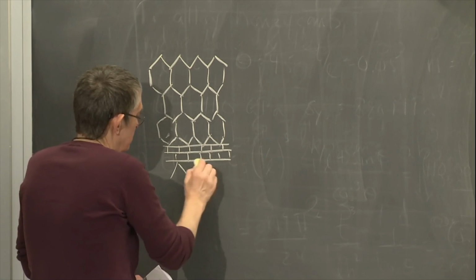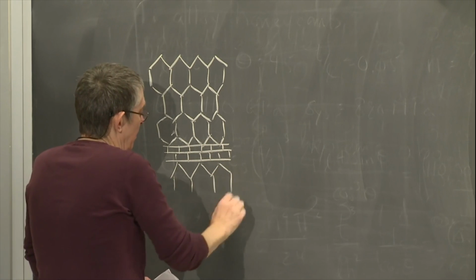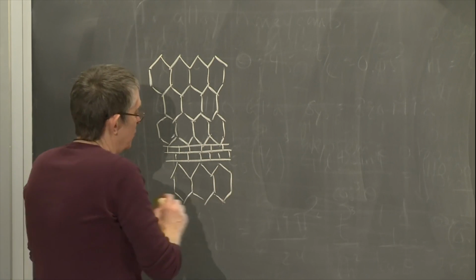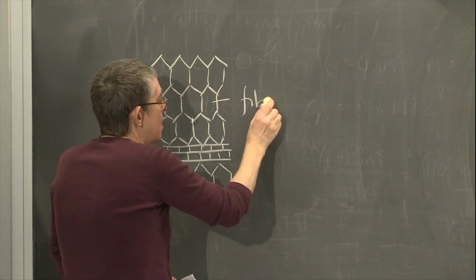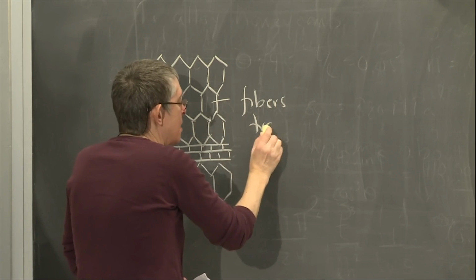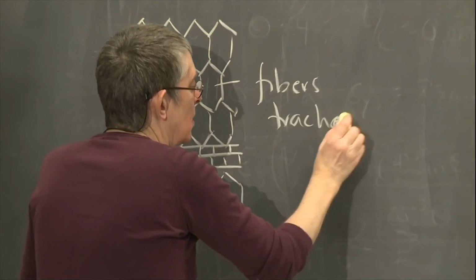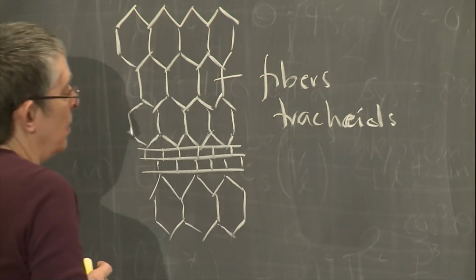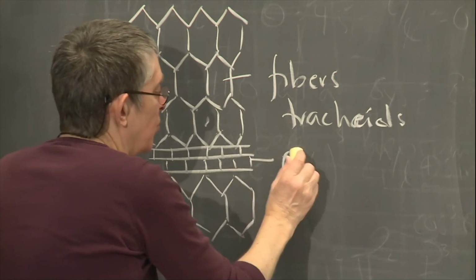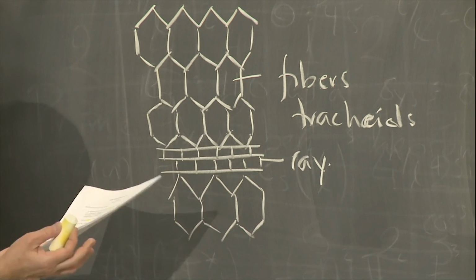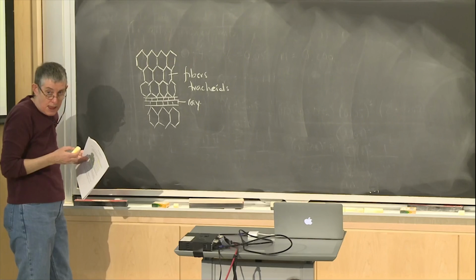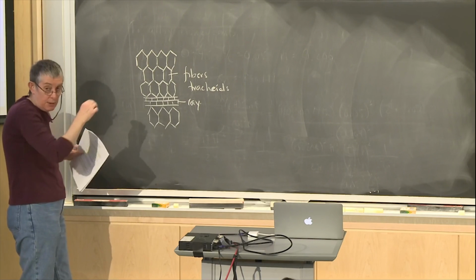And then there would be some more fibers or tracheids, depending on if it was a softwood or a hardwood. So these would be either fibers or tracheids in a hardwood or a softwood, and then these would be the ray cells in here. Okay, so they have a different structure. They're a different shape. This is looking from the top down.